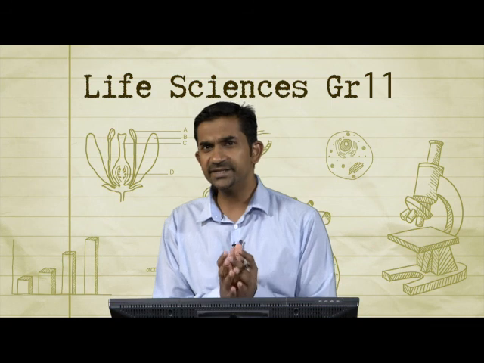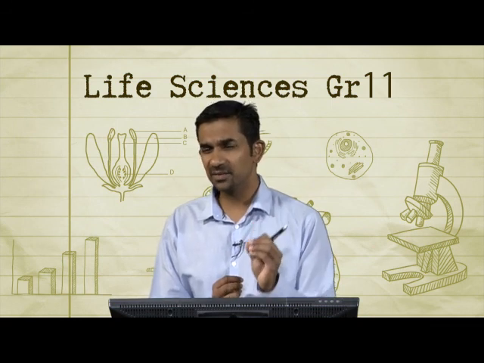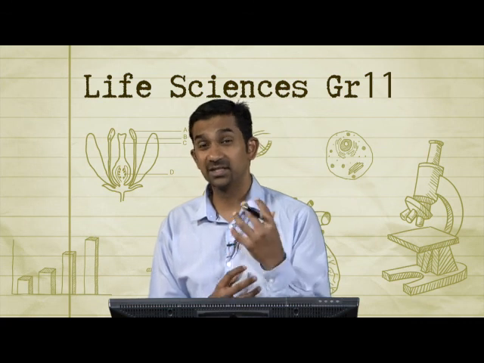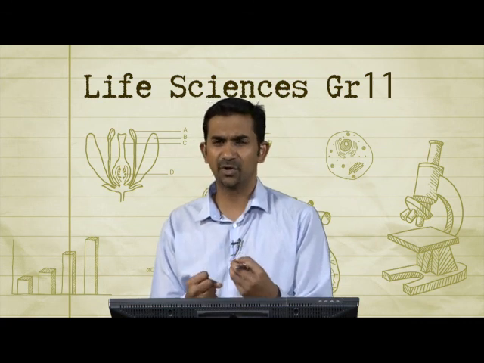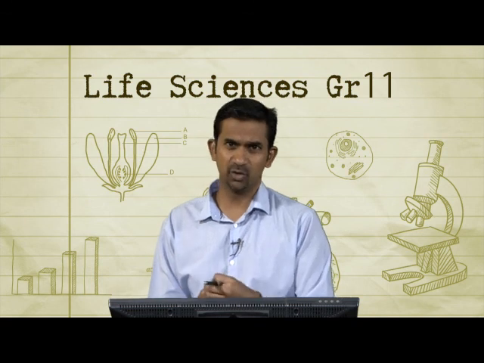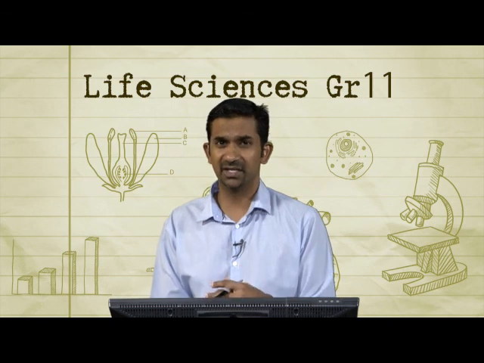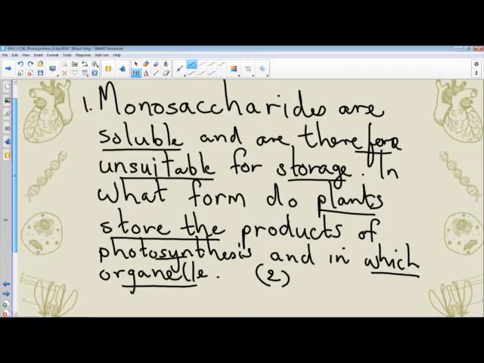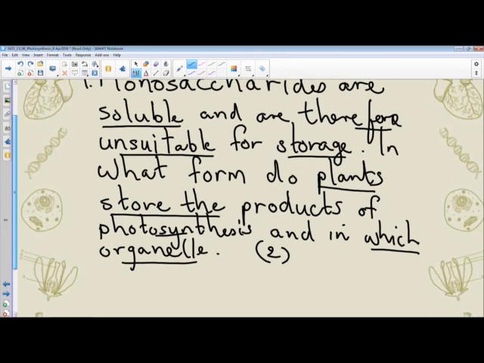So how is that glucose stored? Knowing that glucose is soluble, what are some of the challenges that plants have with storing a soluble molecule? One is that soluble molecule could be dissolved, it could actually be lost due to osmosis. So the plants need to convert that glucose molecule into a molecule so that it can be stored.